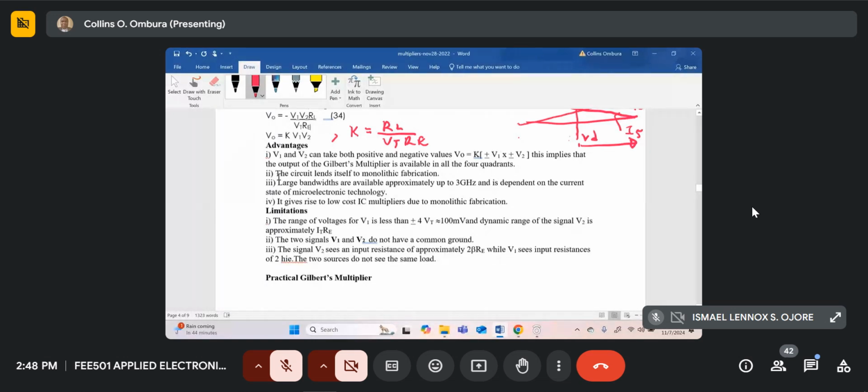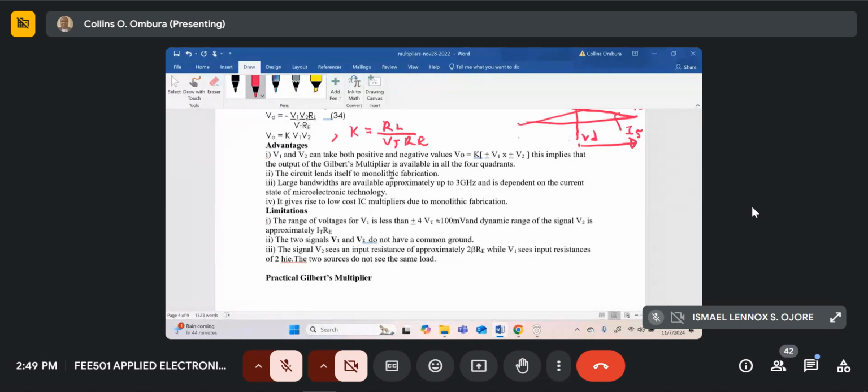The other advantage of this Gilbert multiplier cell is that it lends itself to monolithic fabrication. Mono just means single, lithic means rock in Greek. So it's just fabricated in a silicon wafer. We want to put it generally in IC form. So there are many companies which manufacture this multiplier chip.